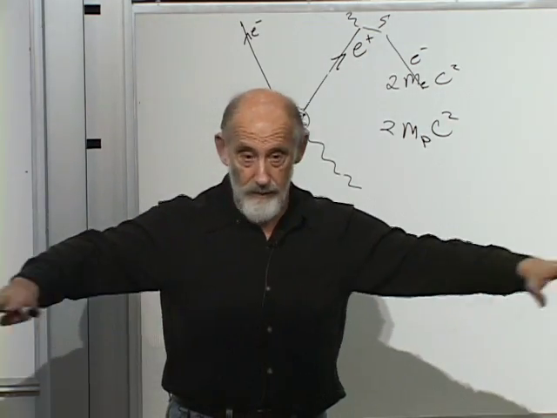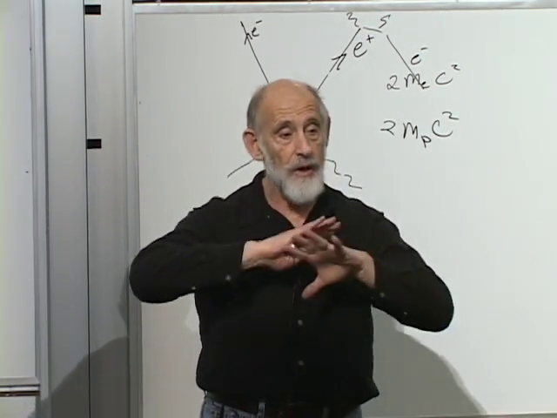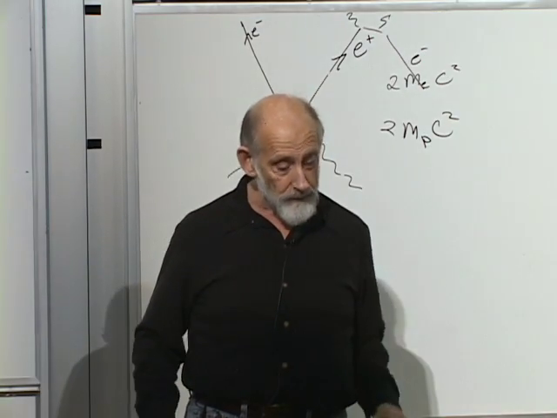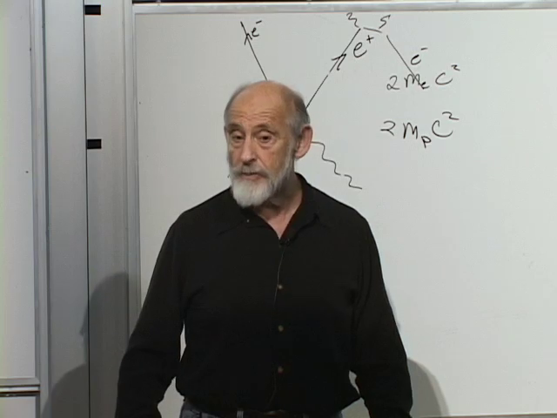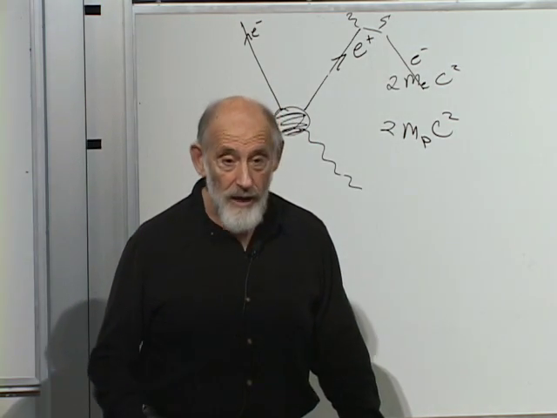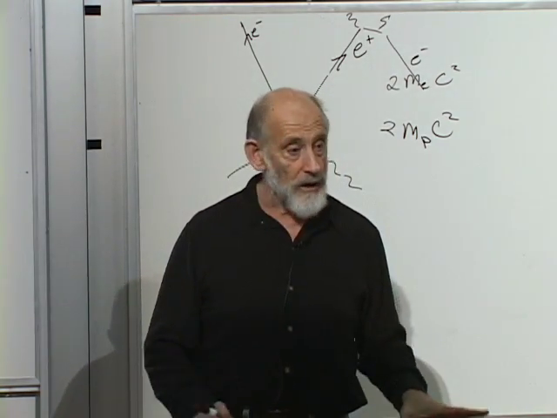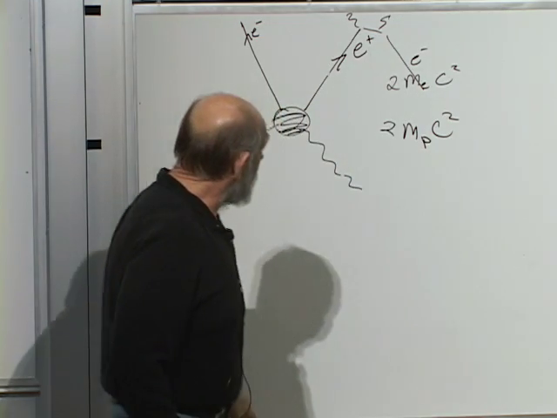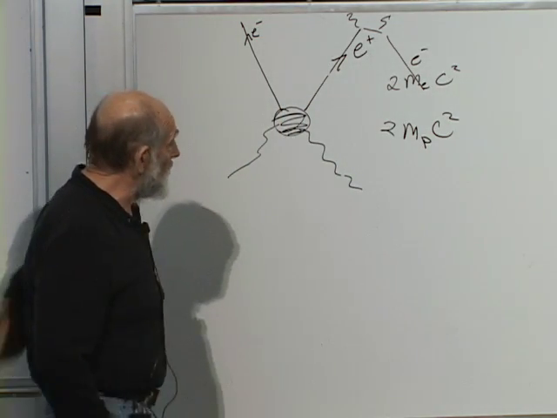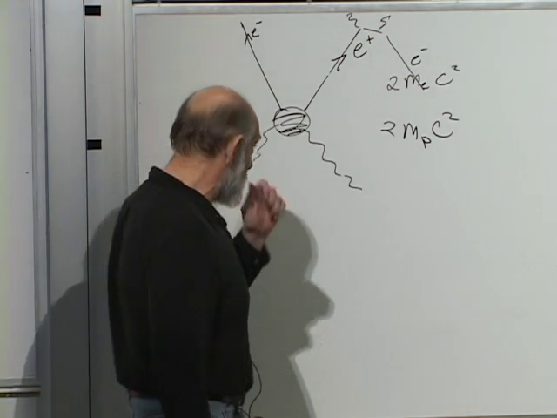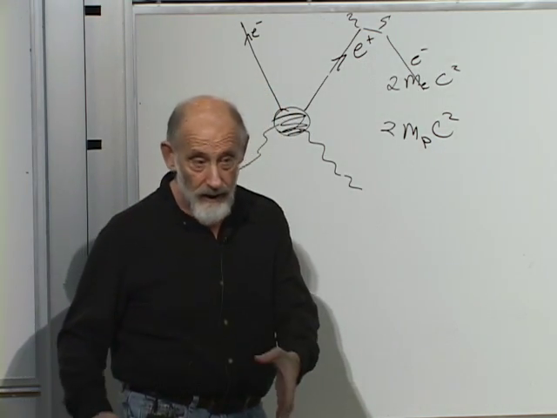There's no net charge in the universe. And if it's electrically neutral, it must mean there are as many positively charged particles as negative. The only charged particles around today are protons and electrons, so the number of electrons and the number of protons is the same today.